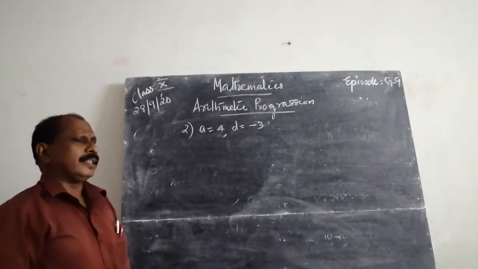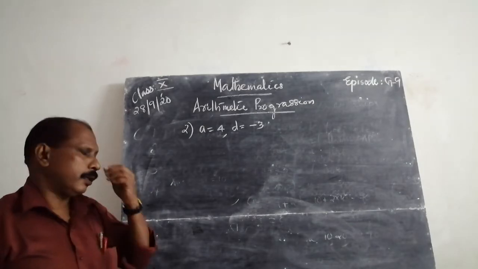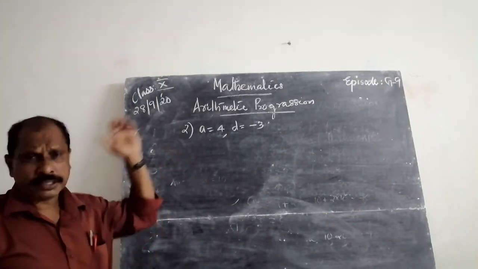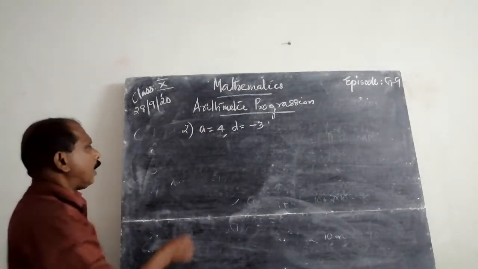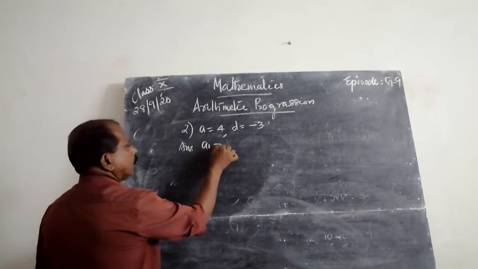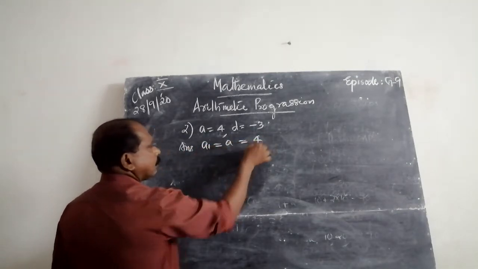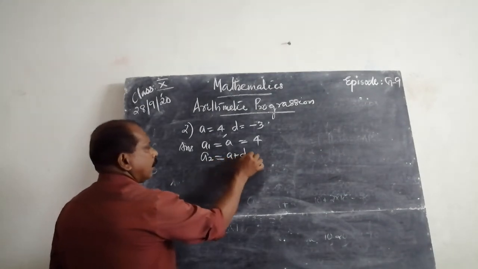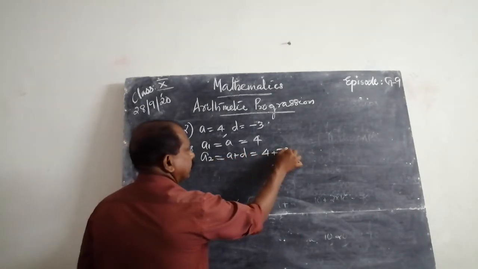That means d is negative, therefore the progression is decreasing. If d is positive, it is increasing; if negative, it is always decreasing. Then answer is a1 is equal to a is equal to 4. a2 is equal to a plus d is equal to 4 plus minus 3.